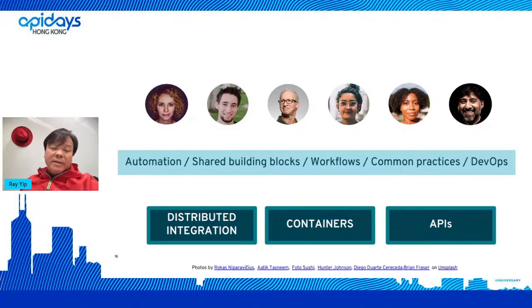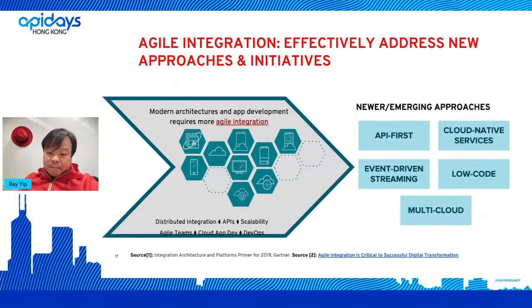APIs become the building blocks teams can cooperate around, and automation stitches everything together into reusable capabilities. You can also effectively address new and emerging approaches and initiatives like API first, cloud native, event-driven streaming, message queues, and local integration tools. And for the infrastructure, a multi-cloud approach.